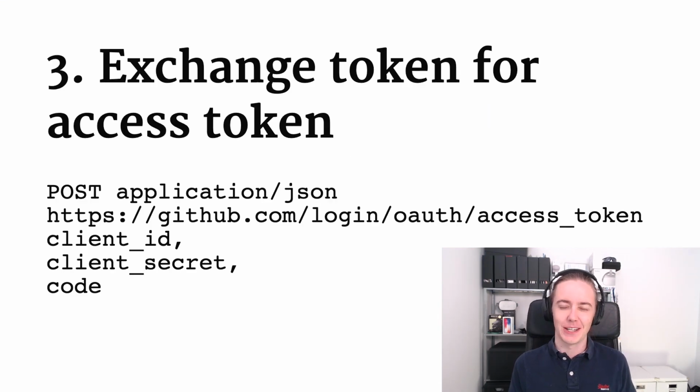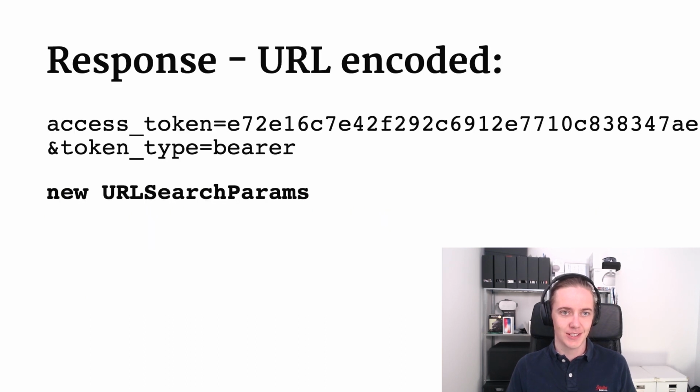So the third thing we need to do is exchange the code that we got when the user gets redirected back to us for an access token. We can do that by sending a POST JSON request to this URL here, and it needs to include three things: our client ID, client secret, and code. When we do this, we will get a response back, and it looks like this.